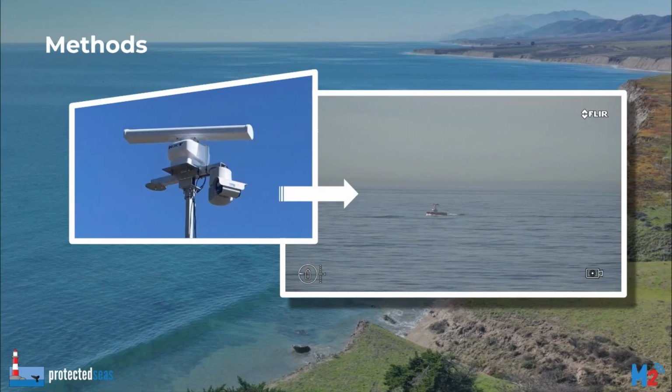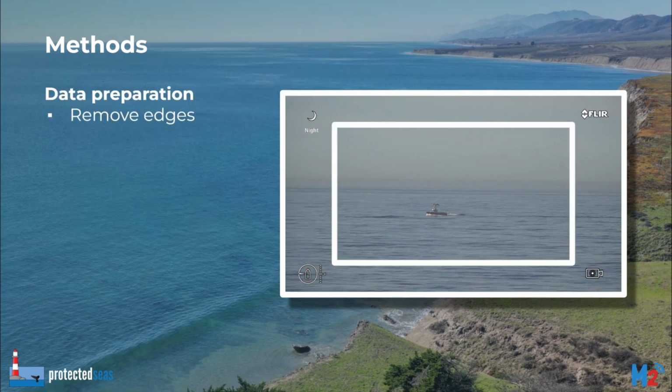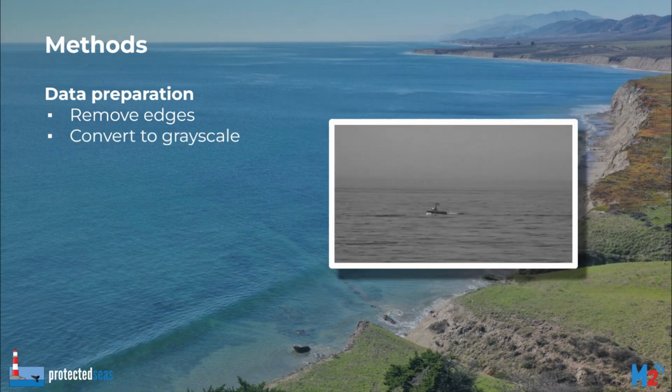M2 software takes the vessel positions provided by radar and pans and zooms the camera to ideally capture images with the vessel near the photo's center, like the one shown here. Using Python for the process, we first removed the edges of an image that can have camera manufacture watermarks or distortion. Next, the clipped image was converted to grayscale to simplify image processing.